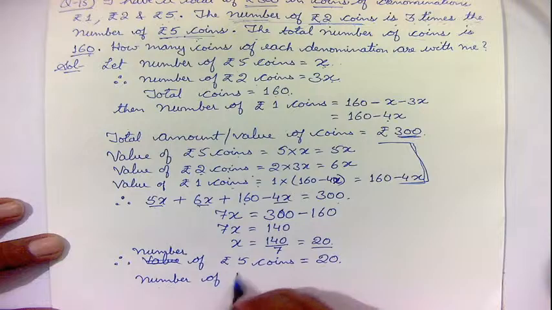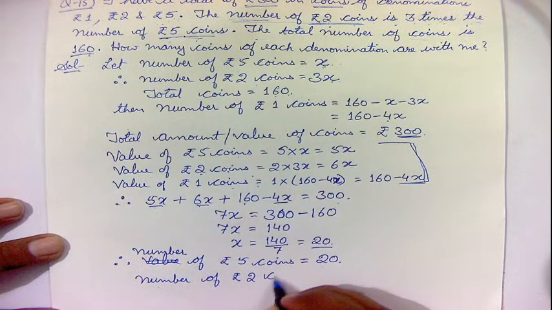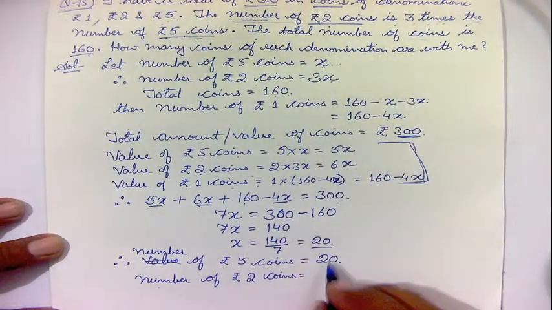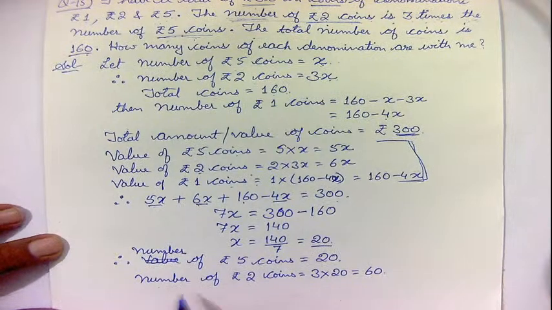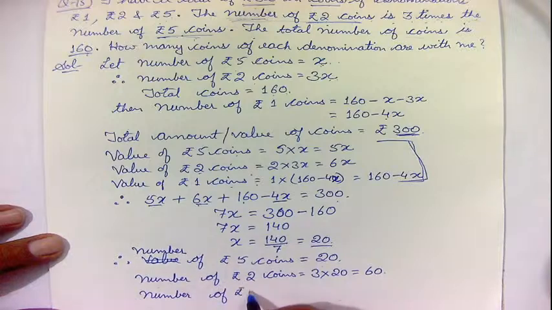Then number of rupee 2 coins. Now rupee 2 coins, the number of coins was 3X. So 3 multiplied by 20 is 60 in number. And number of rupee 1 coins.